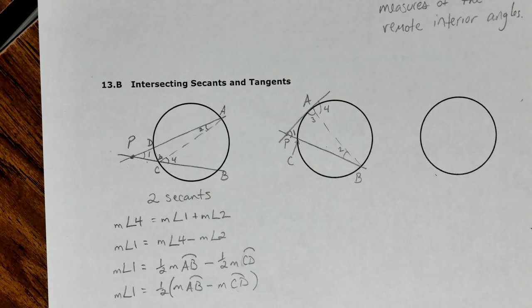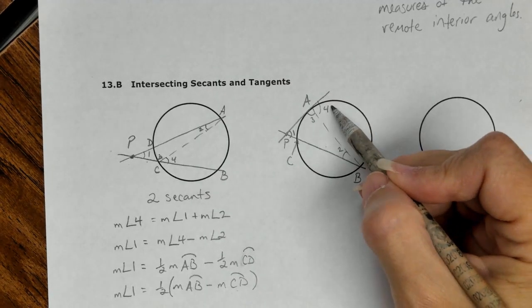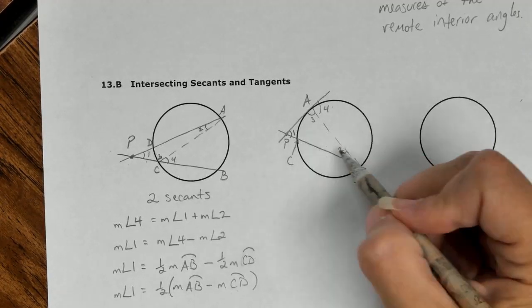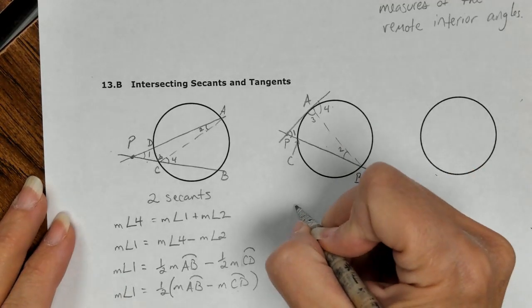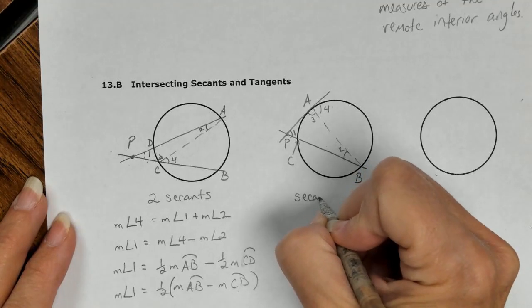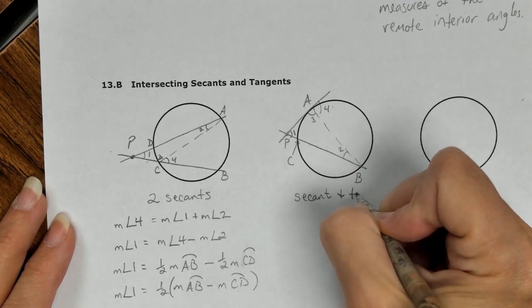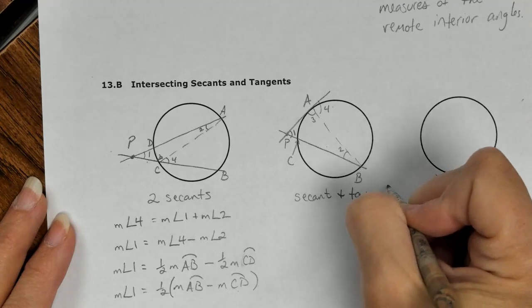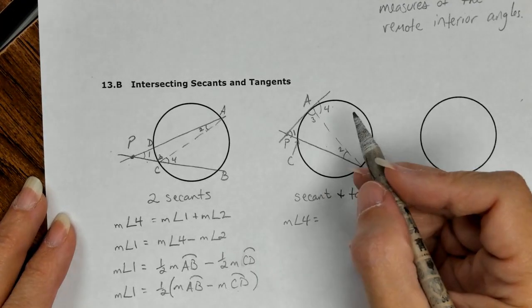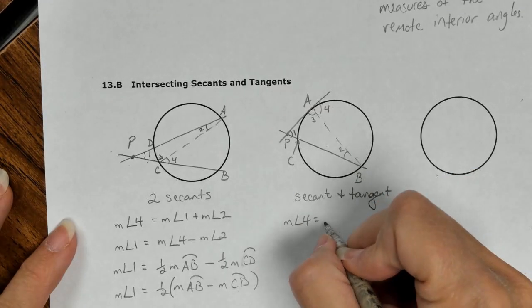Okay, and we have this triangle, and here's an exterior angle, and it's the sum of these two. So, this is secant and tangent. So the measure of angle 4 now would be the sum of 1 and 2.